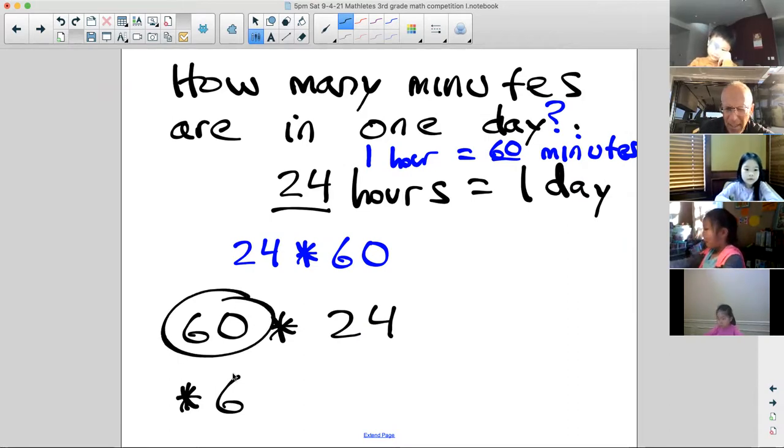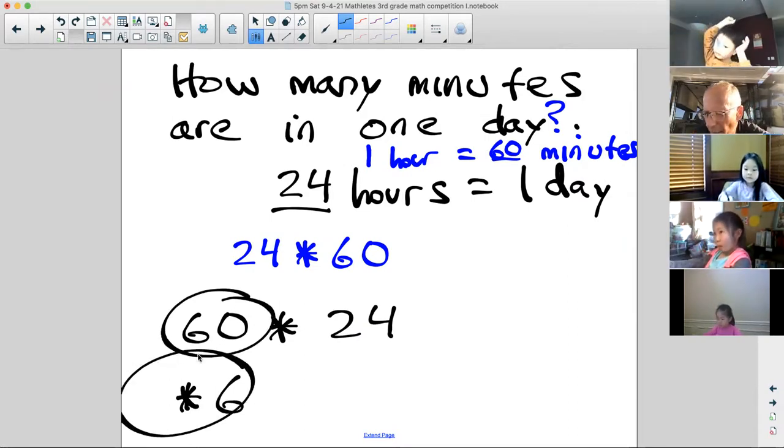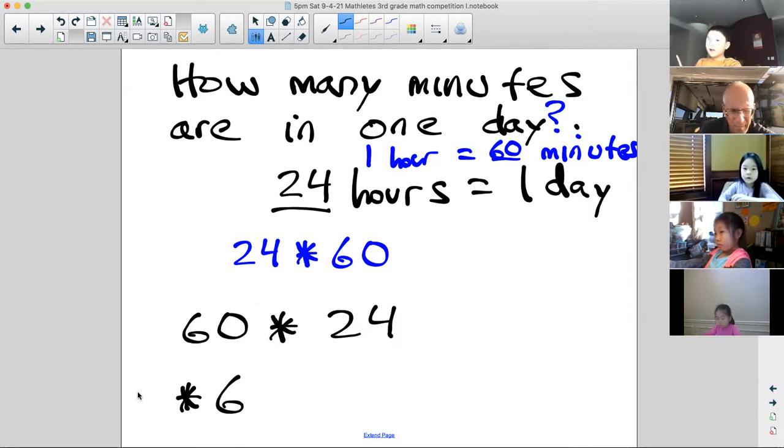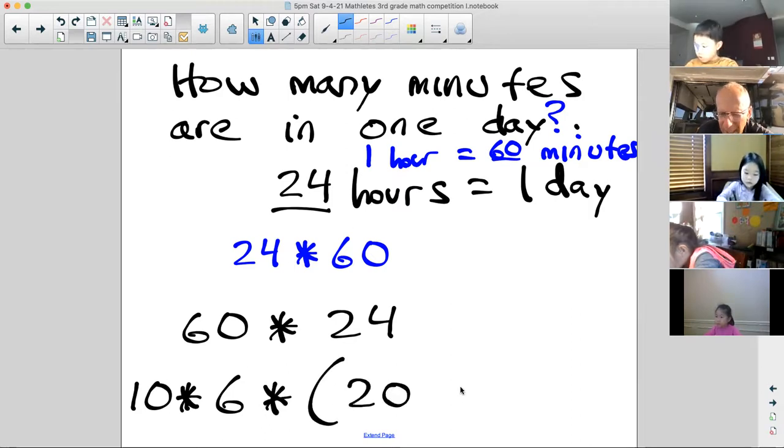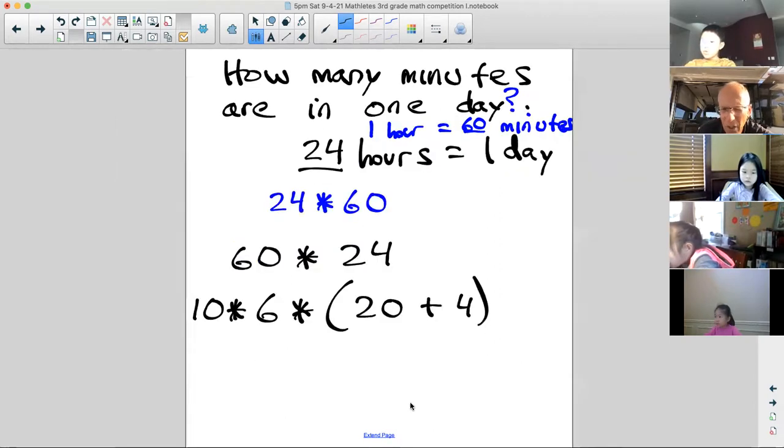On 3. 1, 2, 3, go. 10. Very good. So we can say 10 times 6 times 20 plus 4. I like to do something called partition my numbers. So I can write 24 as 20 plus 4.